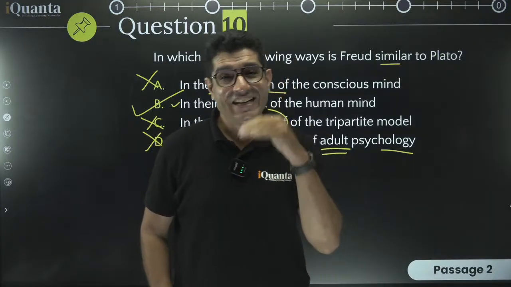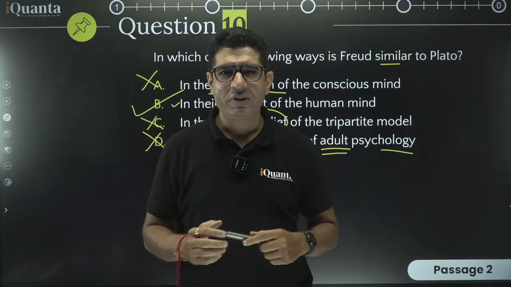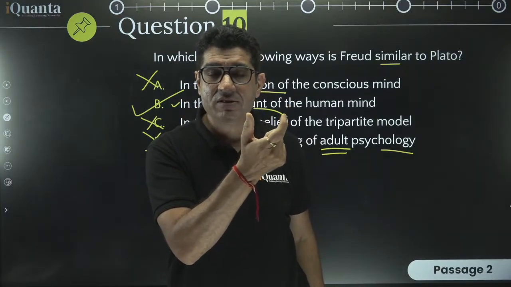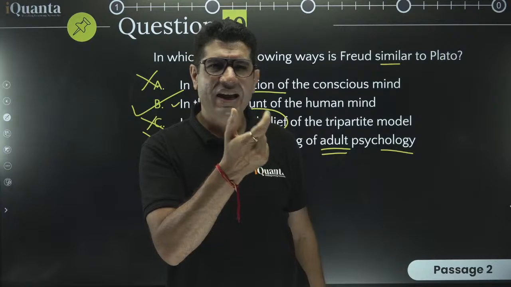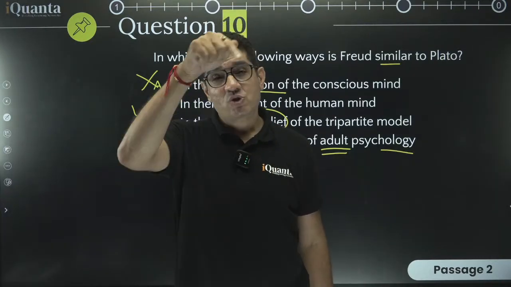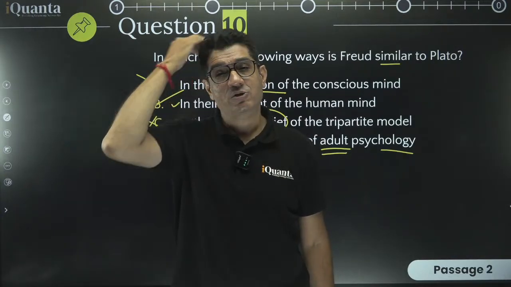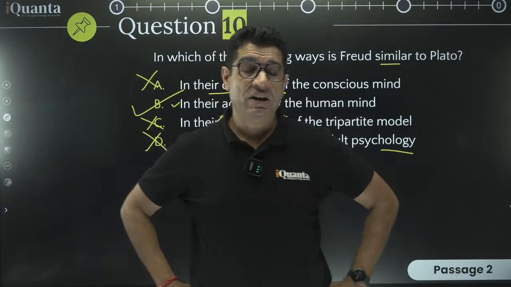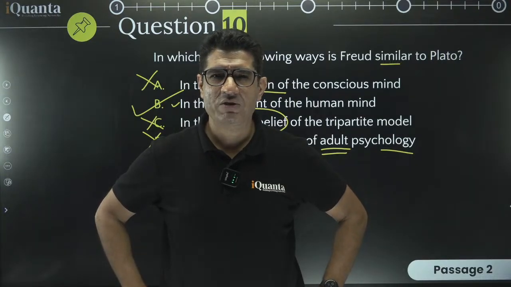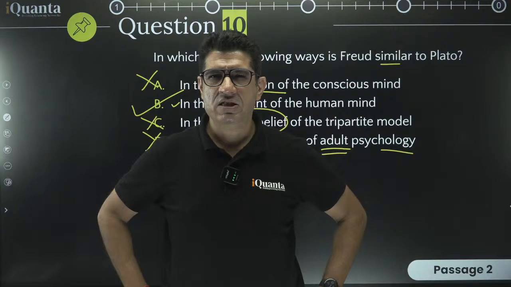So id wants a desire to be fulfilled. Ego tries to find a way to fulfill that desire which is acceptable or which is not harmful, which is not destructive. But then superego can at times start playing spoil sport there. So you want to get great scores in the exam. You don't want to study because studying is painful. So your ego may think that, hey, how about we cheat?